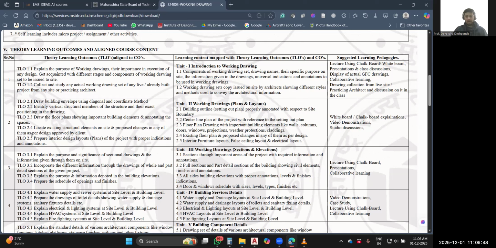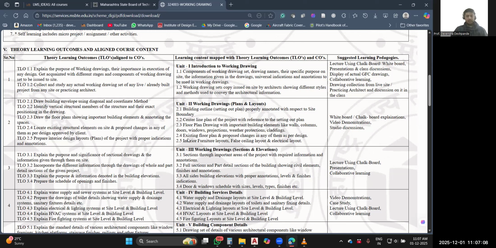So this talks about how one can efficiently use the space and have a better and meaningful interface between the building and the activity inside. So we are going to prepare a furniture layout for this.